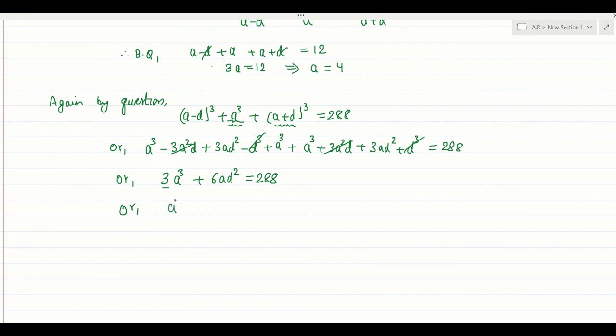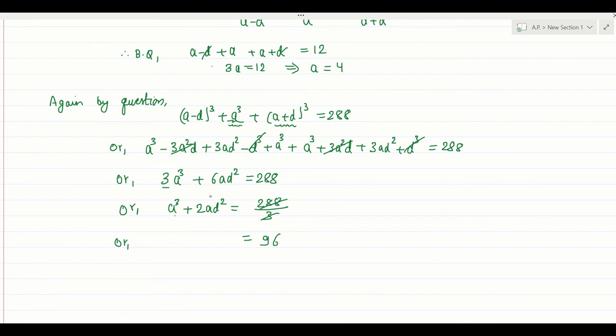So it is A cube plus 2AD square is equal to 288 divided by 3. The 3 that was taken common is taken to the other side to divide. So it is how much? 3 nines are 27 and 3 sixes are 18. Is this clear?